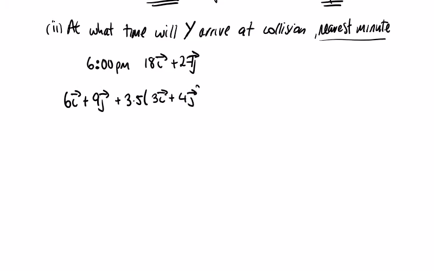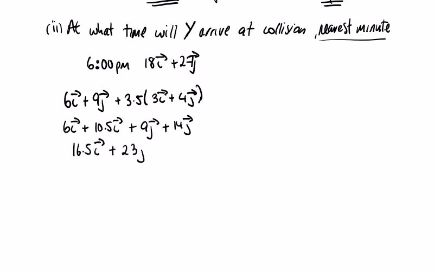So what's that going to give me? 6i plus 3.5 times 3, 10.5i, plus 9j plus 14j. So not 15i, 16.5i plus 23j is the relative position of Y.